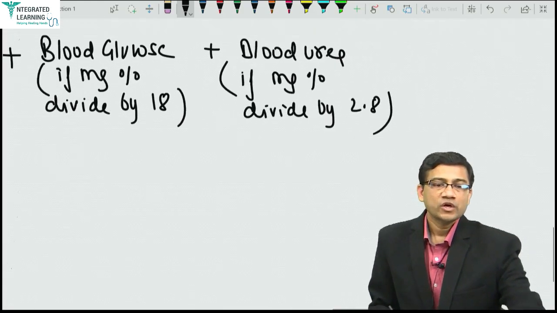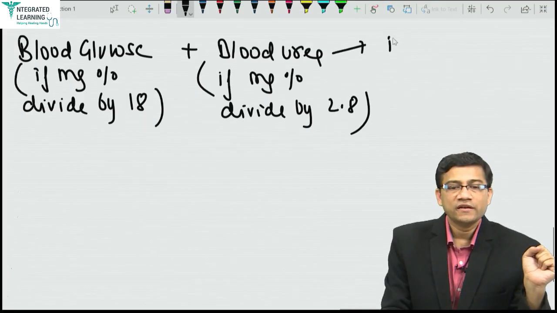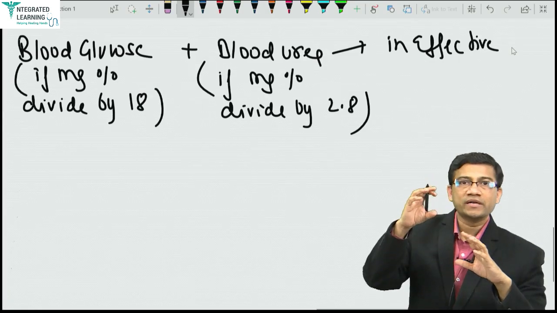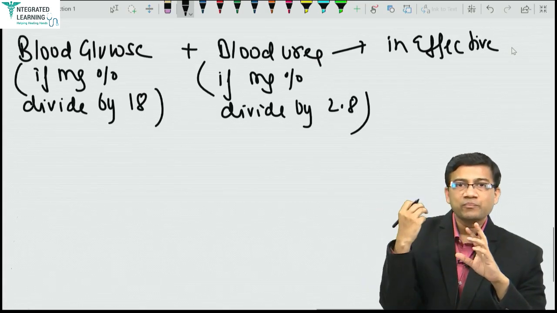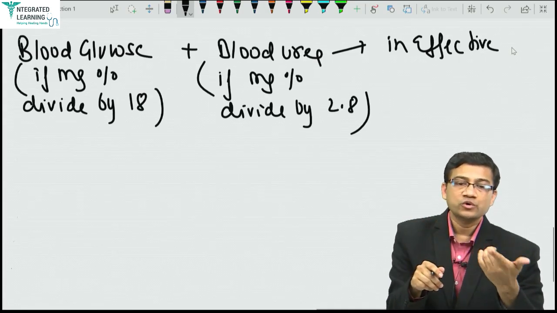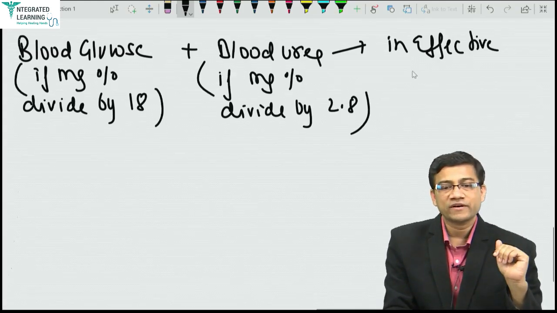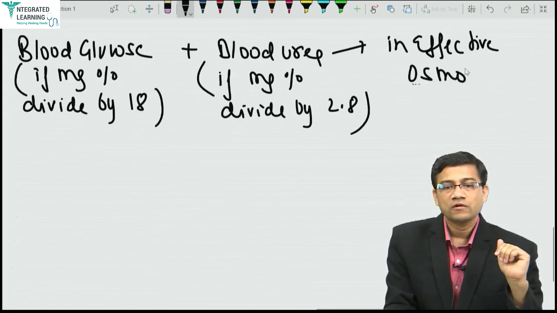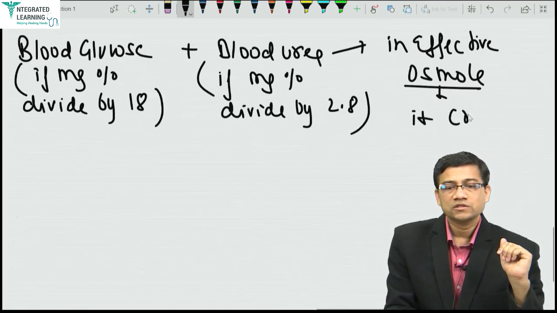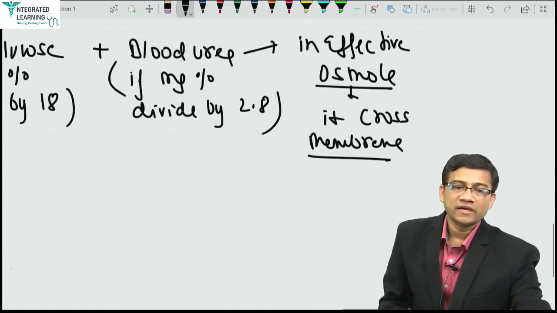And one more thing, urea is an ineffective osmol. Why? Because an osmotic particle should stay on one side of the membrane and pull the water. It should not move. Urea can move. So that's why it's an ineffective osmol. It crosses the membrane, and that makes it ineffective.